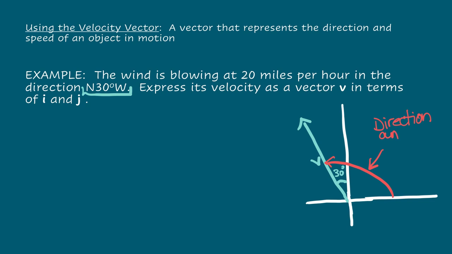So we know that we have a 30-degree angle right here, and we know that right here is a 90-degree angle. So in order to figure out our direction angle, we just need to figure out how much that is all total. So our theta is going to be 30 degrees plus 90 degrees, which is going to give us a value of 120 degrees. So our direction angle is going to be 120 degrees.